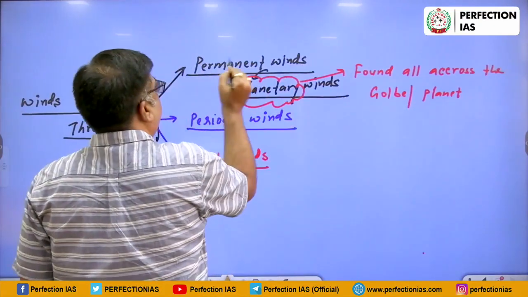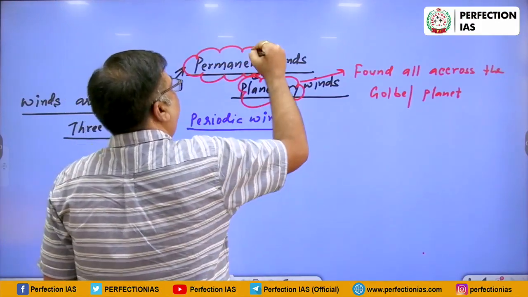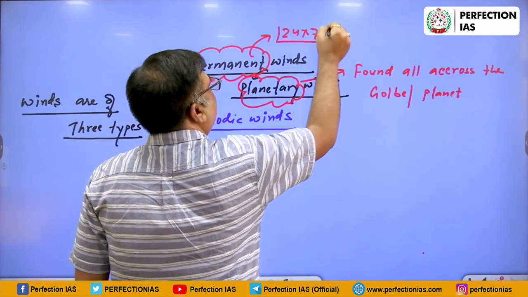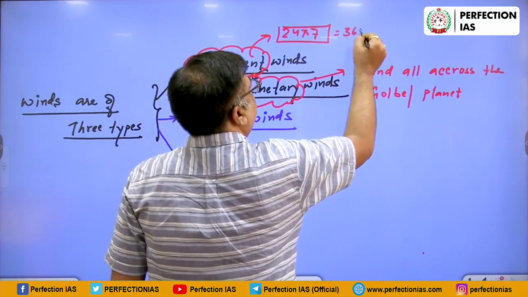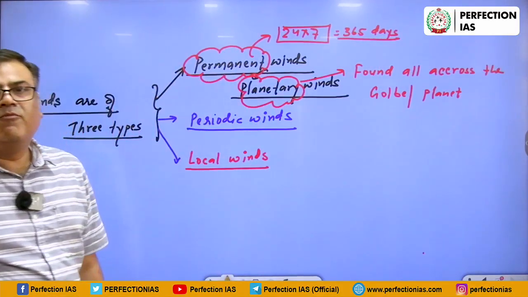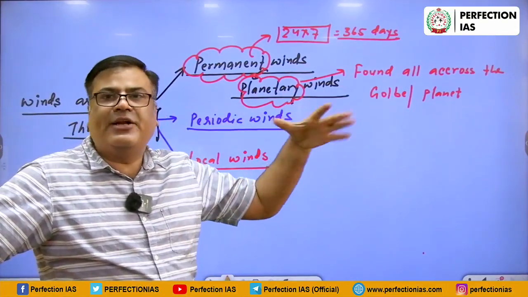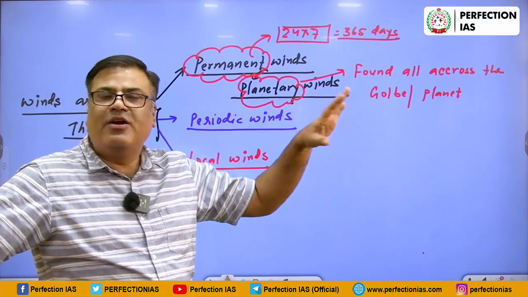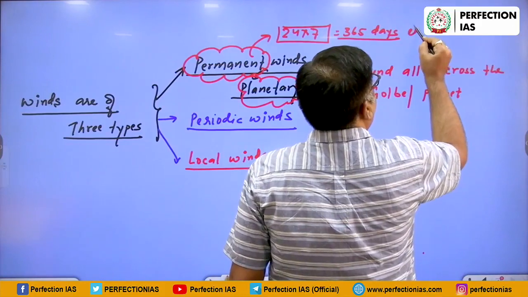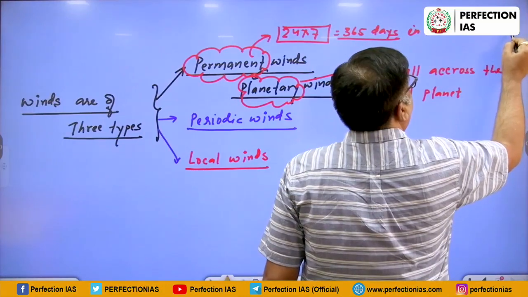And when we say permanent, permanent means 24 into 7, that is 365 days. Fine. 365 days, these keep blowing continuously in one direction throughout the year, without any change. That is why permanent, in the same direction.